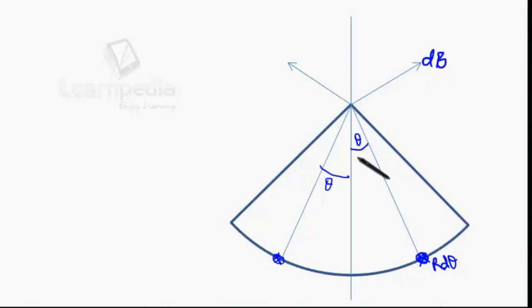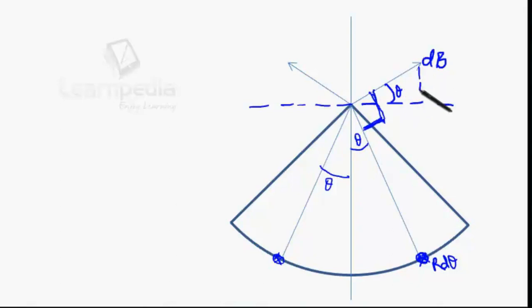This angle is theta, and let us draw here one horizontal reference, and here it is already the vertical one. The angle between dB and this line is 90 degrees, so you can easily see that this particular angle is also theta.